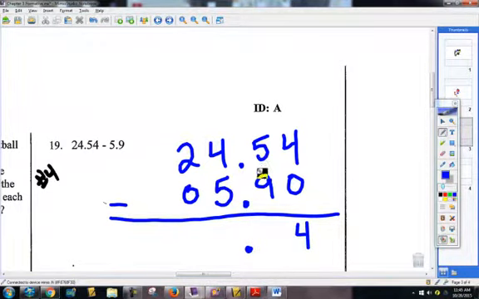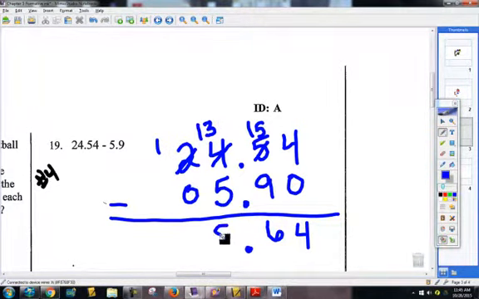No. So I'm going to have to borrow. So I'm going to come over here and borrow. That's going to make this 15. Now can I take 9 from 15? Sure, 6. Can I take 5 from 3, guys? No, so I'm going to have to borrow here and make that 13. 13 minus 5 is going to be 8. And 1 minus 0 is? 1.